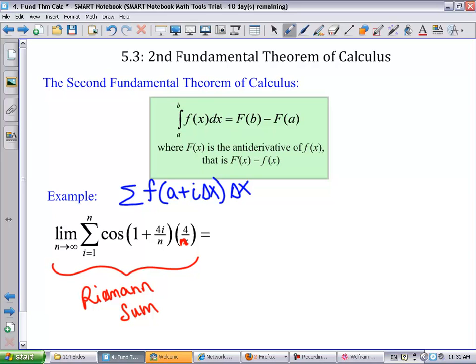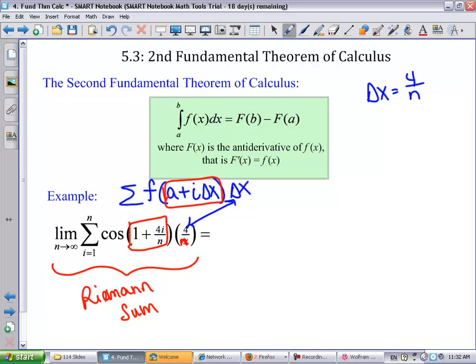So if we compare, it looks like delta x matches up with 4 over n. It looks like a plus i delta x seems to match with 1 plus 4i over n.